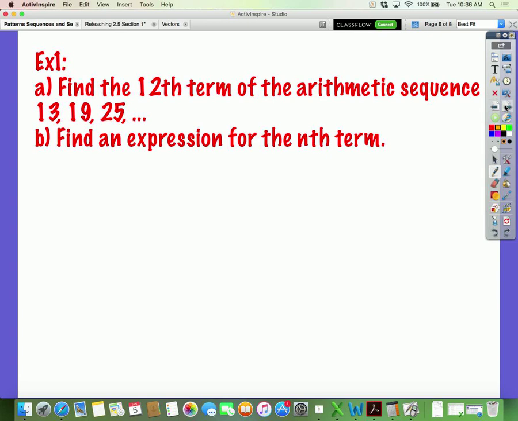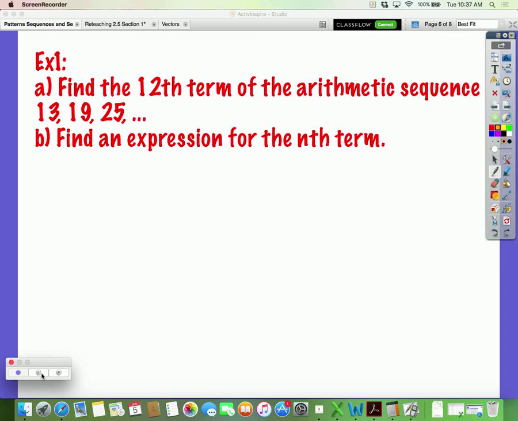So the first example says find the 12th term of the arithmetic sequence. And then we're going to find an expression for the nth term. This is also one that could very well be in a non-calculator section.